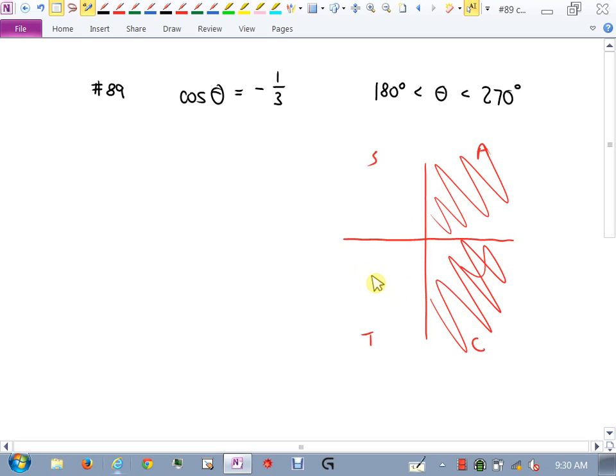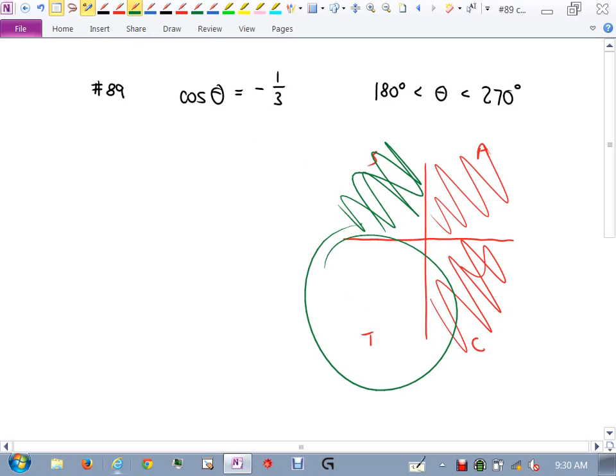But I can tell you that on a test, I'm not going to force you into a quadrant like this. I'm going to give you something where this will give you two quadrants, this will give you two quadrants, and when you put those two ideas together, it leaves you with only one, just like I did in the first couple of examples. So I can eliminate this one. So we're somewhere in here.